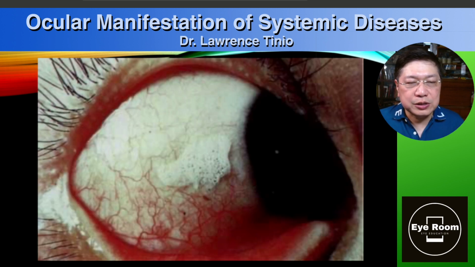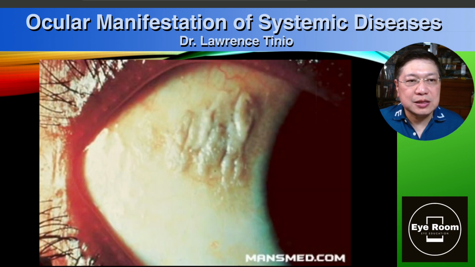So this is how it would look. It looks like a foreign body. However, it's not. It's really part of the conjunctiva, and it looks like a foamy foreign body that's stuck on the eye, but it's actually a keratinized epithelium. Some would not be that obvious, especially if it's been going on for some time, and it would look like this.